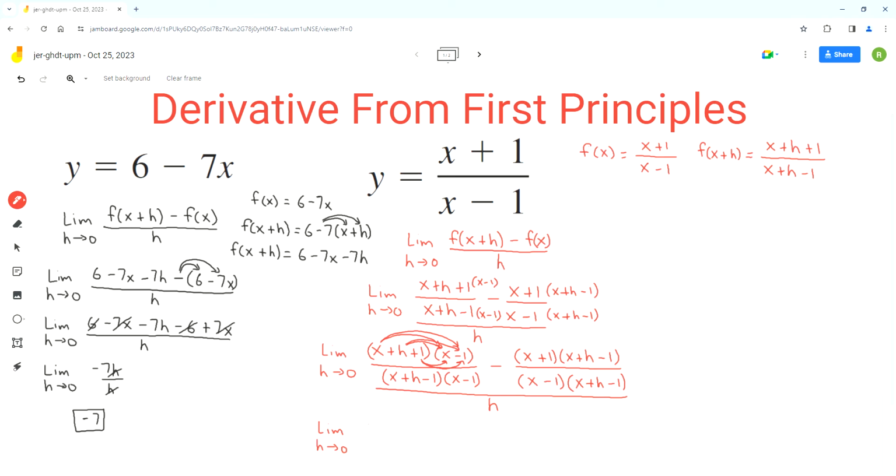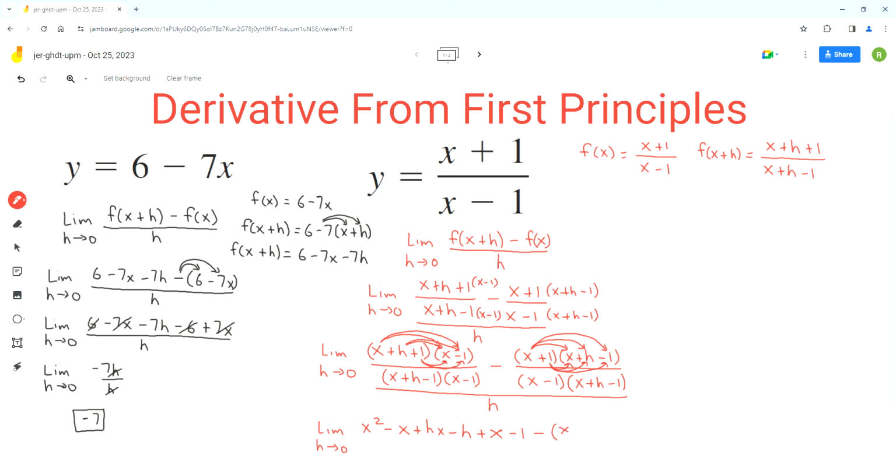So we get x squared minus x plus hx minus h plus then 1 times x, which is x, and then 1 times negative 1, minus 1. Now minus, now we'll do the same thing for the other pair of parentheses. So x times x, then x times h, then x times negative 1, then 1 times x, and 1 times h, and 1 times negative 1.